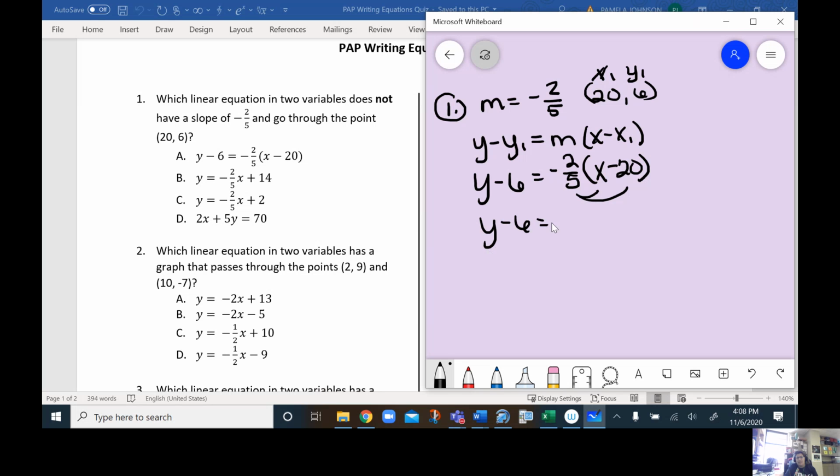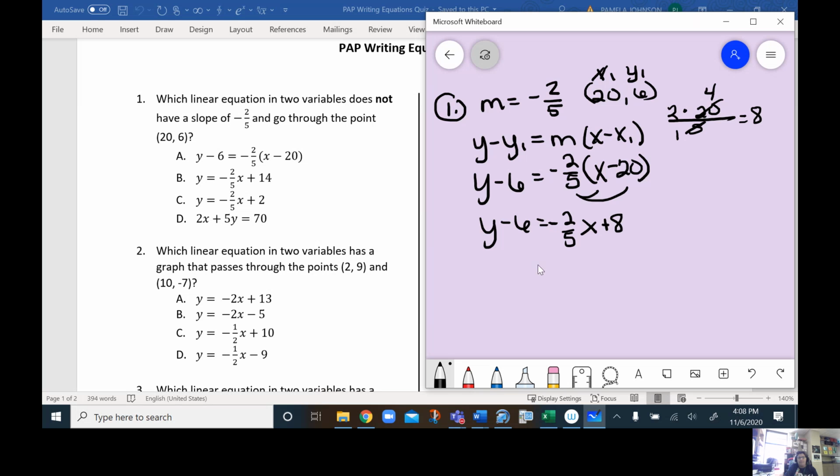So y minus 6 equals -2/5 x. Negative times negative is going to give us a positive. 20 divided by 5 is 4, and 4 times 2. Remember, multiplying fractions, this becomes a 4, this becomes a 1. 2 times 4, we're going to get 8.